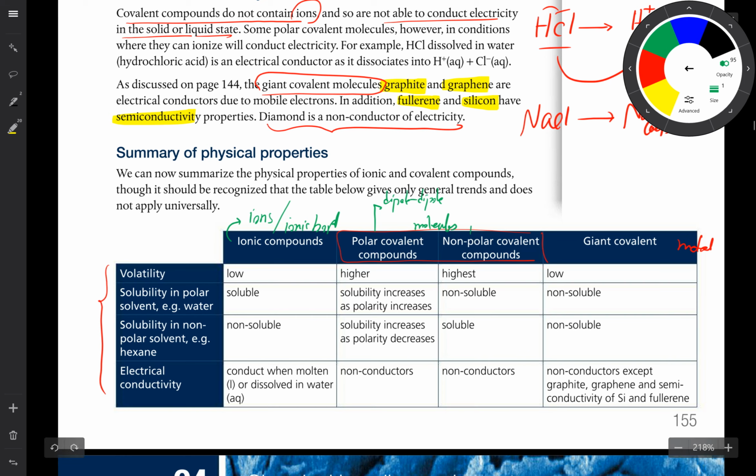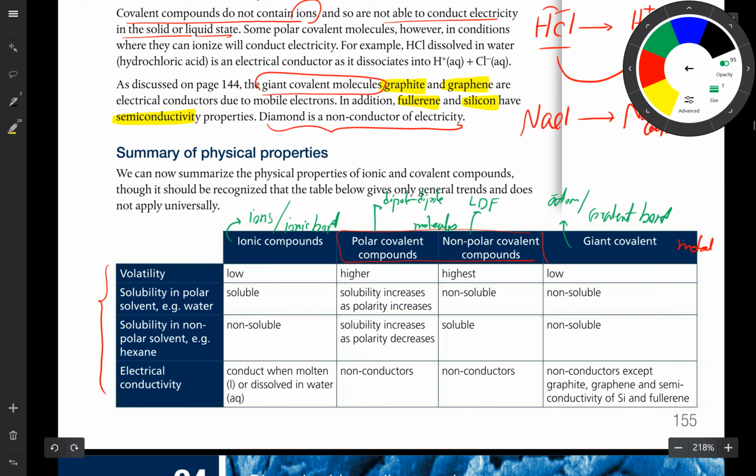For the non-polar covalent compound, the attraction between the molecules is London dispersion forces. For the giant covalent compound, the base units are atoms, so it can be different atoms or one atom like diamond, and the attraction between the atoms is the covalent bond, which is strong.